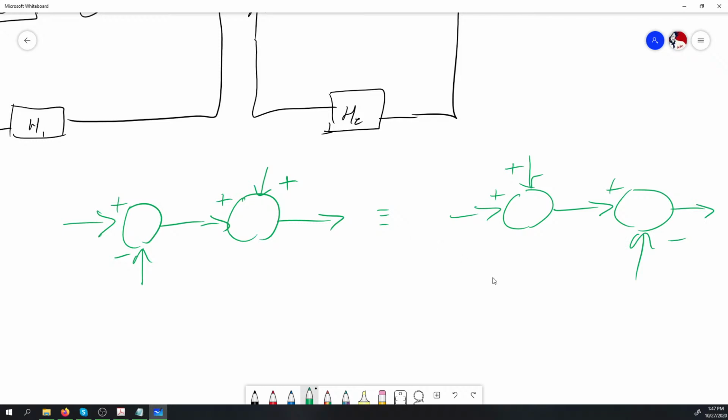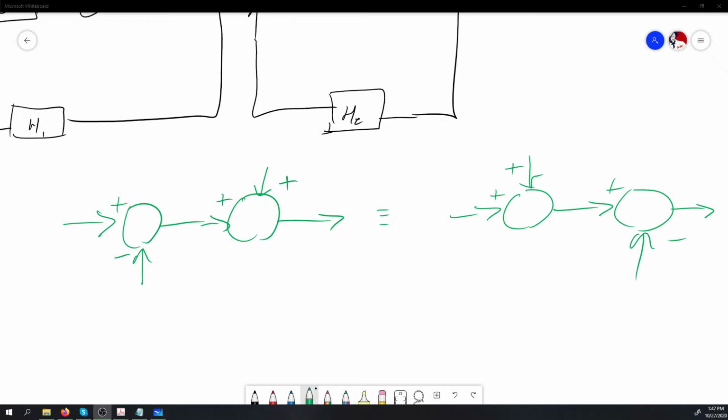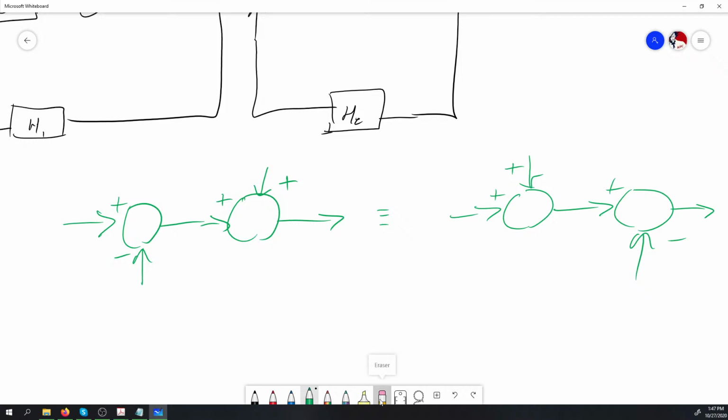So you can reorder summation junctions once they are sequential in nature, being that they're connected in a straight line. As long as there are no takeoff points in between them, you can do this to manipulate your block diagrams. So that actually helps us with moving the summation junctions for what we require.